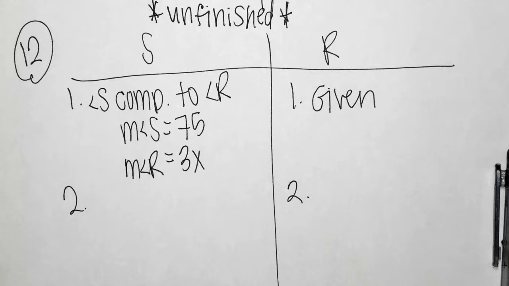So you should have substitution, then you should have addition, and then you should have division. And you should have gotten x equals 7. If you did that, start working on 12.